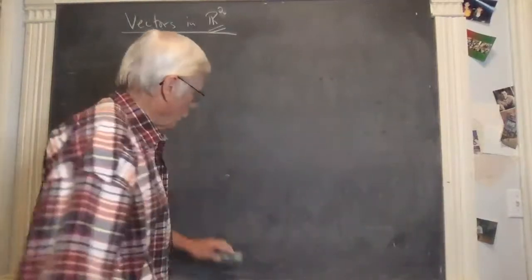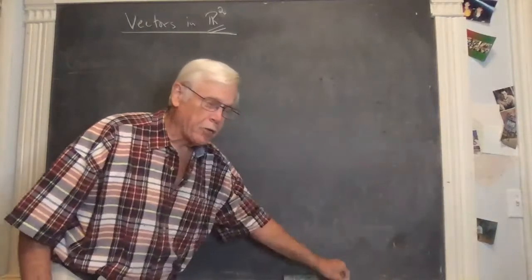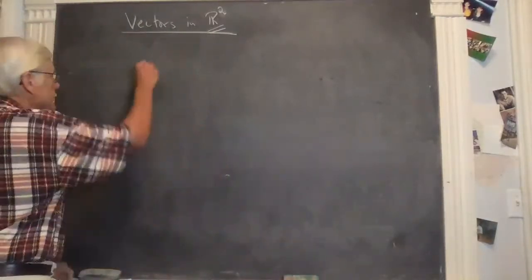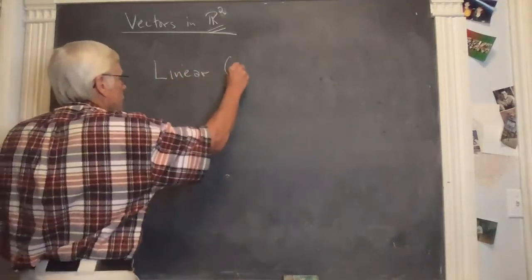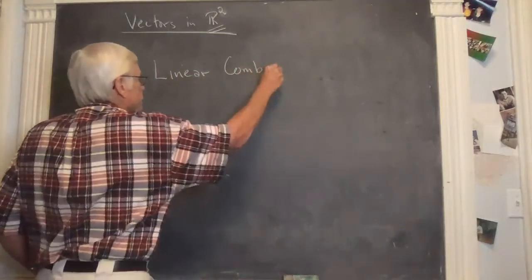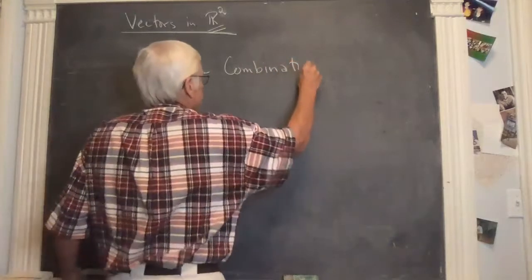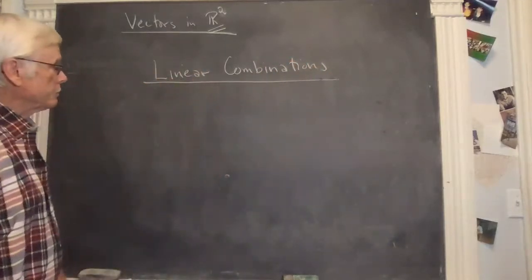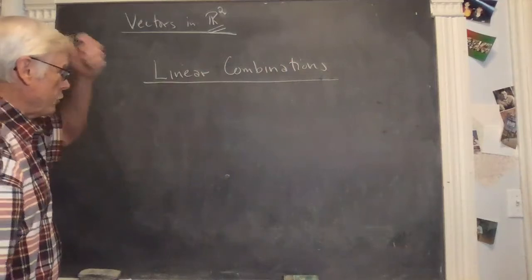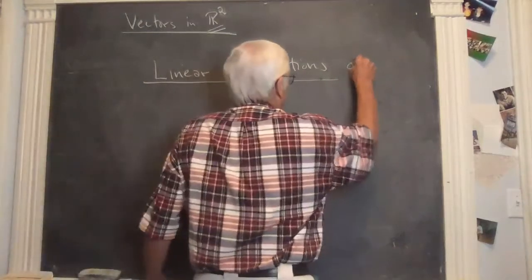And that's sort of all there is to arithmetic other than linear combinations. So a linear combination refers to vectors.